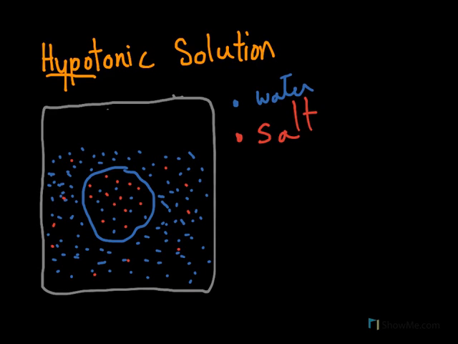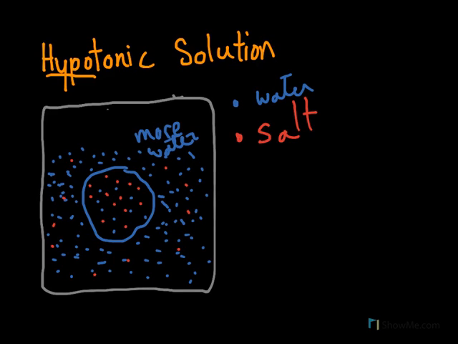Okay, I didn't actually want to count these up, but you can see outside the cell is mostly water. So there's more water outside the cell. So let's just draw that in blue. Okay, so we have higher concentration of water here, and less water inside the cell.